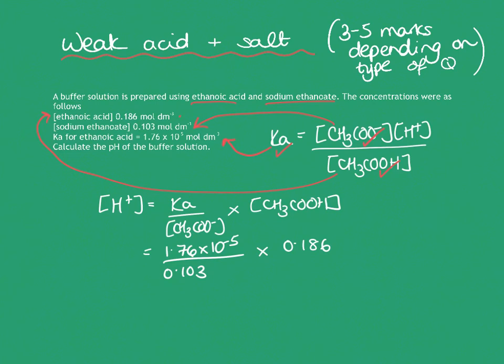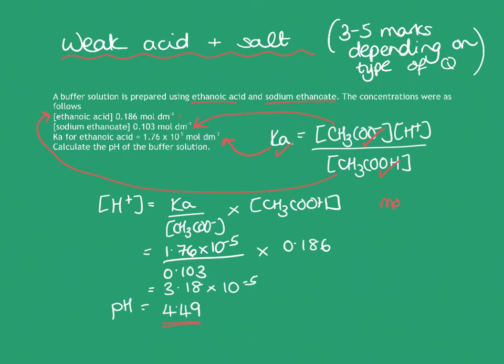And the answer to that is 3.18 times 10 to the minus 5. Let's pH it, minus log, which gives us a pH of 4.49. And we have to think mentally, is this a sensible number? It's an acidic buffer, it's an acidic pH that's come out, and it's a weak acid, therefore 4.49 seems quite sensible.